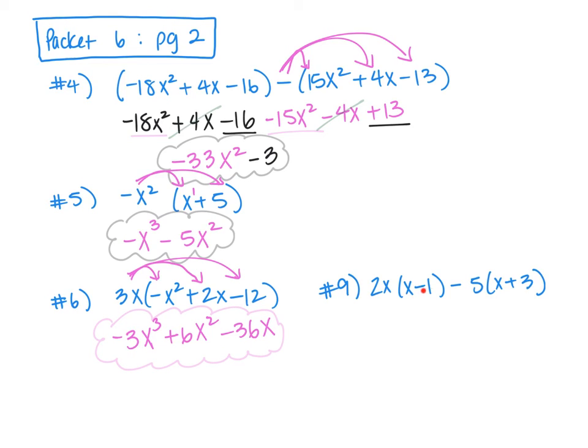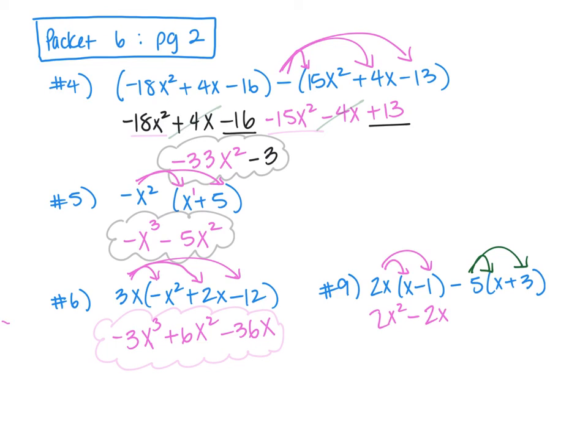Last but not least, I have two parentheses here with two things outside. So first off, I'm going to need to distribute the stuff that's outside the parentheses. I need to distribute this 2x in, and also this negative 5 into the second parentheses. If I distribute this 2x first, that's 2x times x, which is 2x squared. And then 2x times negative 1 gives me negative 2x.